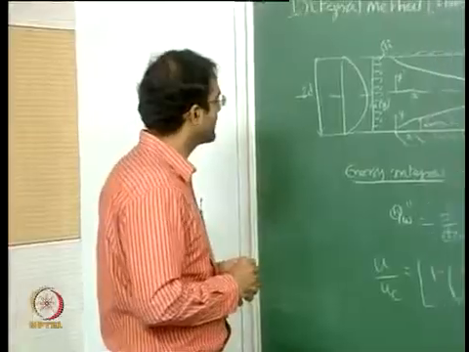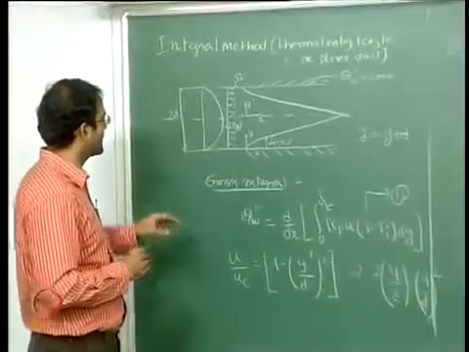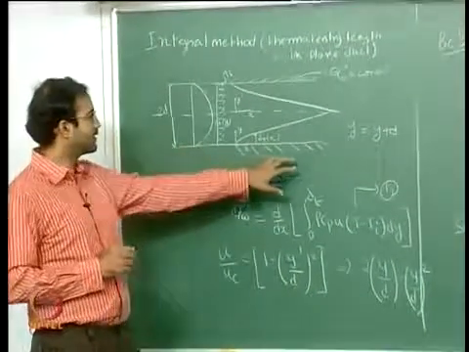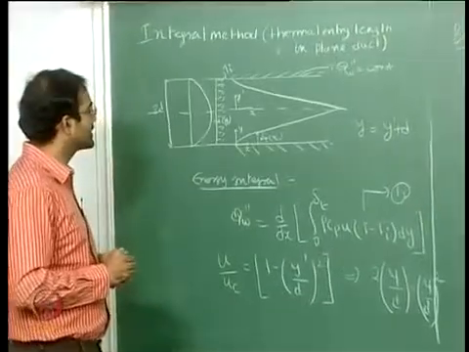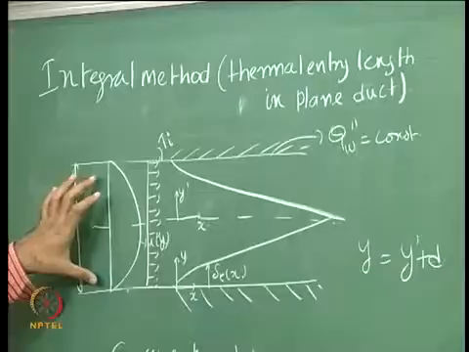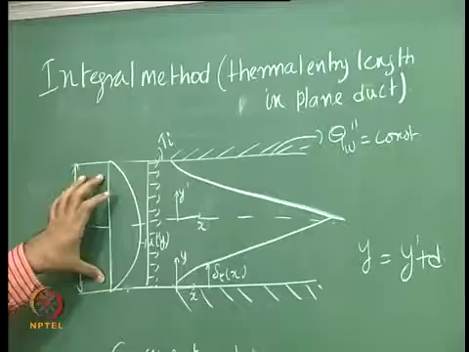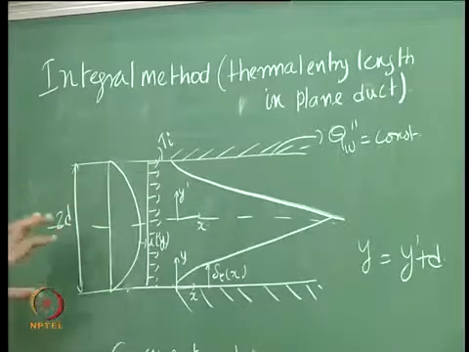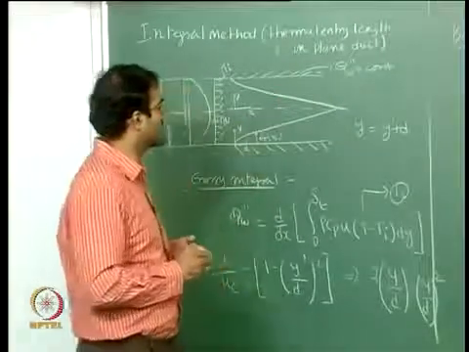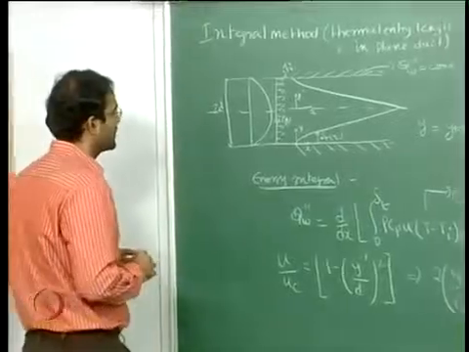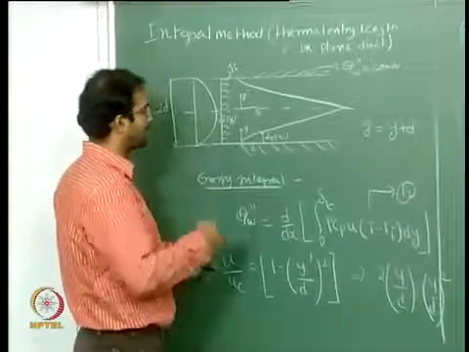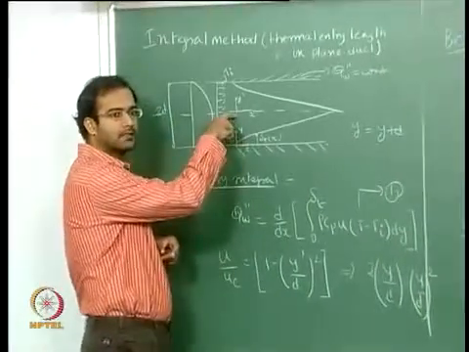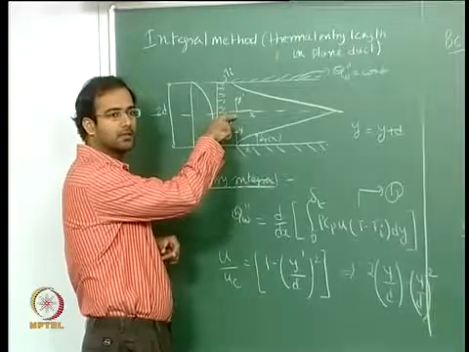So we will take up one such example where we have a thermally developing region, that is basically region 2, where we have the fully developed velocity profile, the parabolic velocity profile, and we have applied the constant wall flux boundary condition. When you write the velocity profile, basically you use a coordinate system which is aligned to the center of the channel.